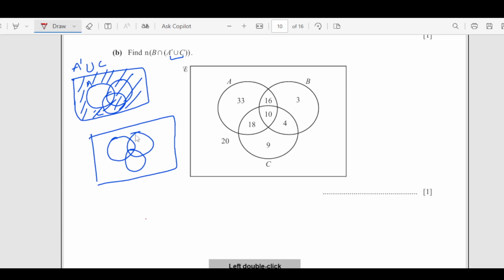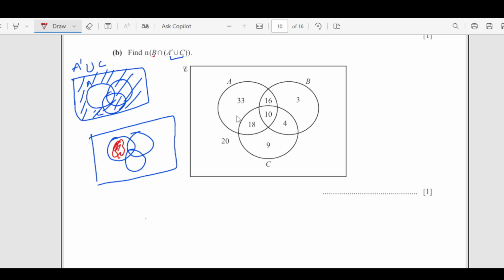Leaving this part, the rest of the part is the A complement union C, and we are looking for B intersection. Then there should be a B intersection. So B intersection, and that means we are going to have here the part, the number of elements that we are looking for here. This is A intersection. So that is going to be this part here.